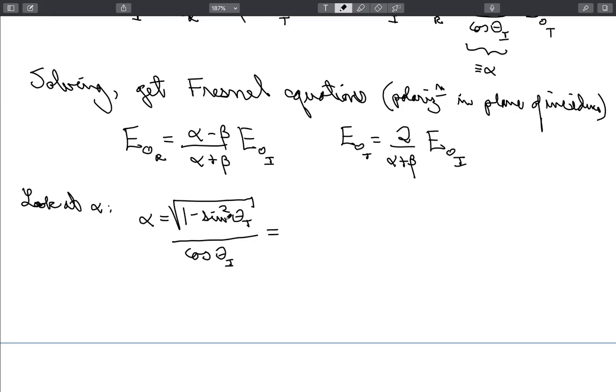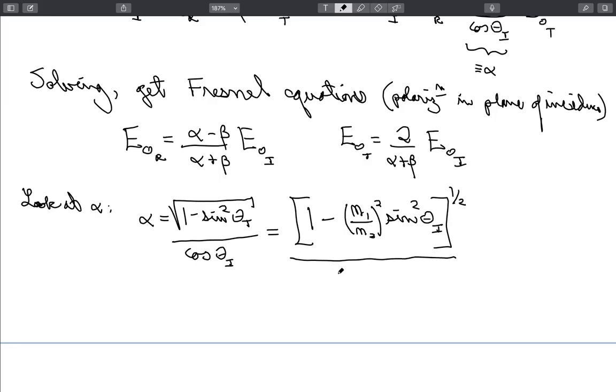Substituting the law of refraction for the sine squared, I get 1 minus the ratio n1 over n2 squared, times the sine squared of the incidence angle, all inside a square root, once again divided by cos of theta I.